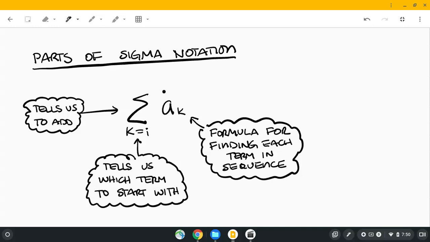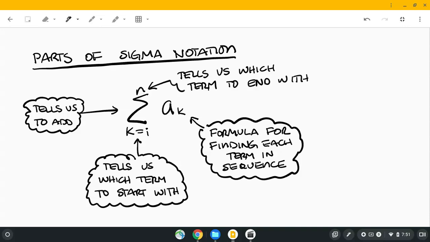So this is like our lower limit. And then up here, you will have a number, and this one tells us which term to end with. All right.